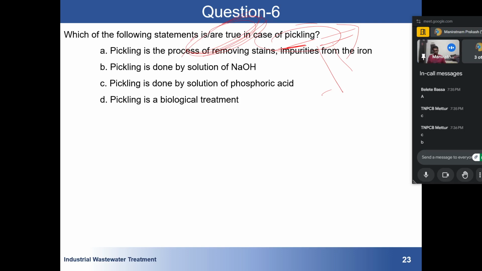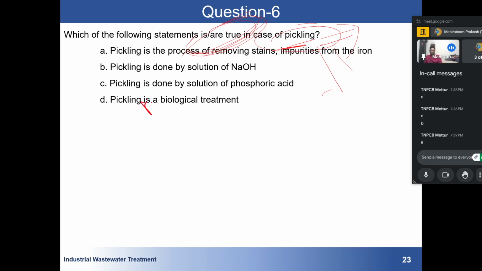What will be the correct answer? A, it's multiple correct. Will only A be correct, or more options? Only one option or more?